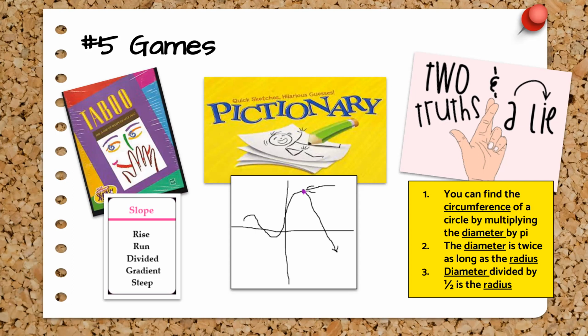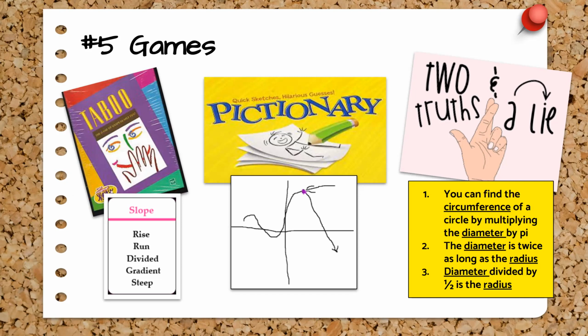One game you can play with your students is Taboo. I don't know if you've ever played this game with friends, but you can also make a fun twist by having your students play Taboo in class. How it works is the vocabulary word goes at the top of the card. So in this example, that pink slope, that's the word that the student is trying to get their team or other students to guess.